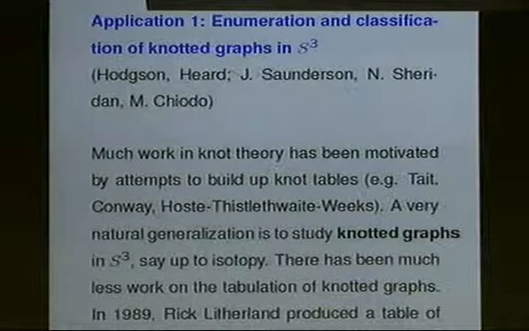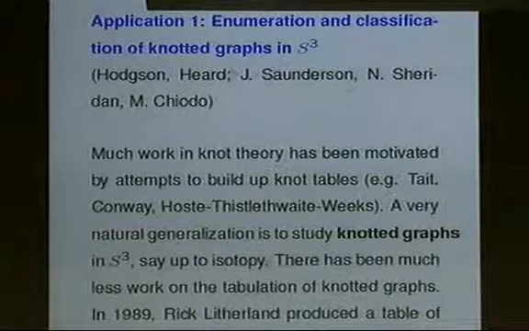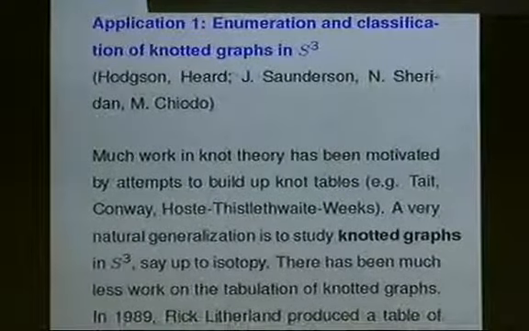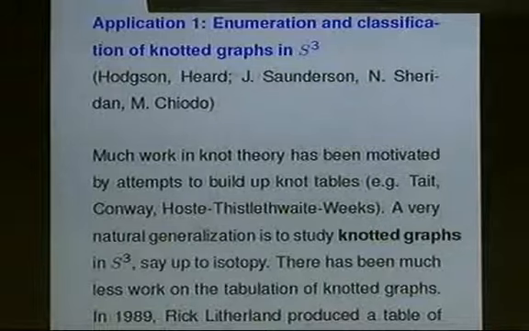So that played a big role in the work of a bunch of people. There's Jim Hoste, Thistlethwaite, Jeff Weeks and others, who built up knot tables up to 16 crossings. I think there's about a million or so knots up to that point. So using hyperbolic geometry, invariants calculated by SnapPy, these can all be classified.